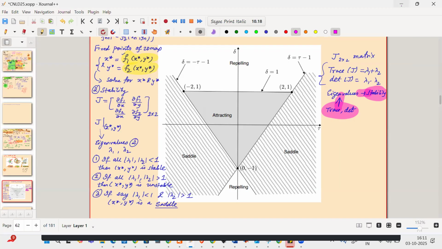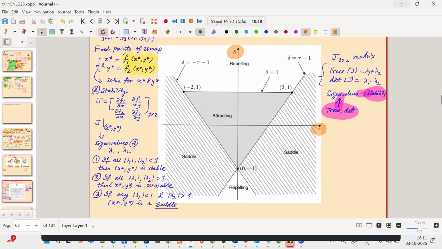On this diagram, the y-axis is the determinant and the x-axis is the trace. This is the determinant of J at the fixed point x star y star, and this is the trace of the Jacobian J at x star y star.